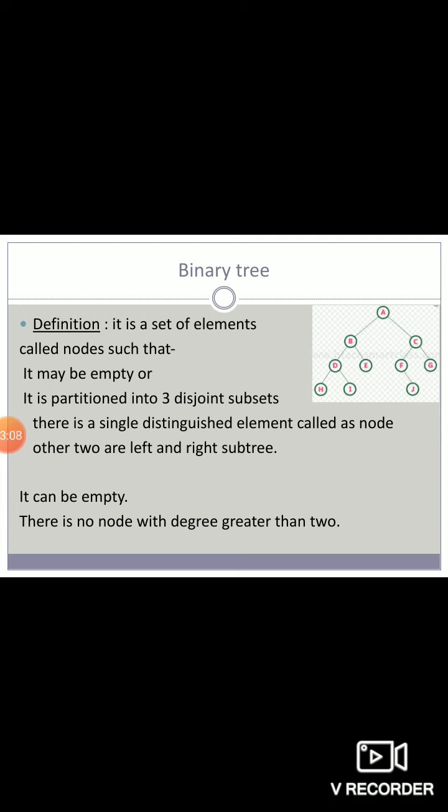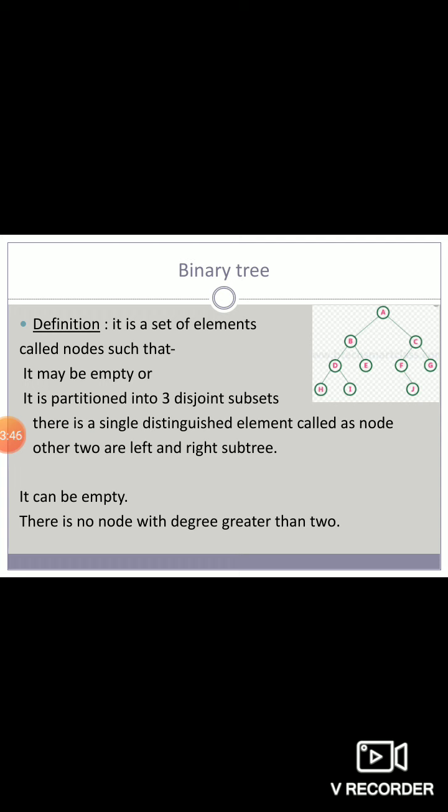The nodes present on the left-hand side of my root are called the left subtree, and the nodes present on the right side are called the right subtree. The left and right subtrees may be empty, but there is one compulsory rule you have to follow while dealing with a binary tree: there is no node with degree greater than 2.